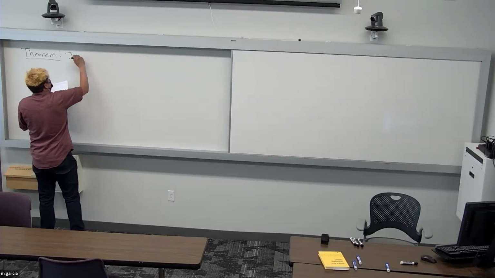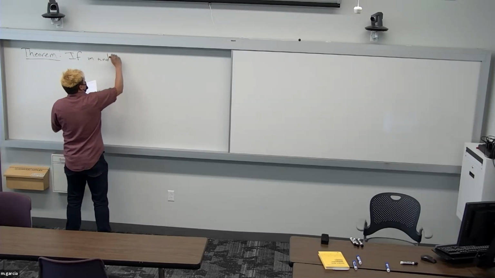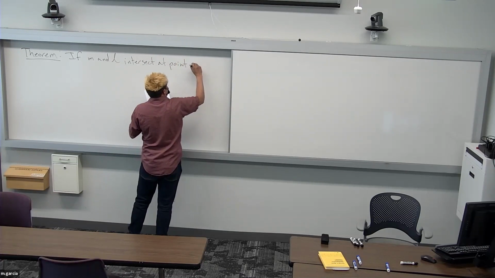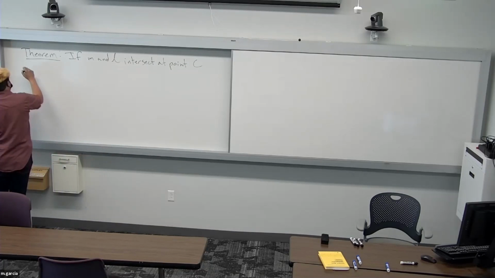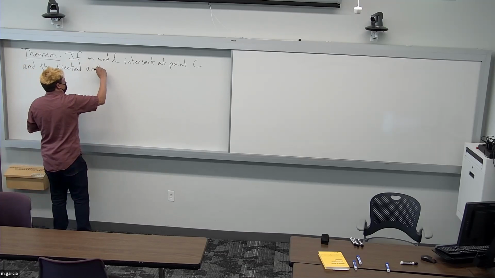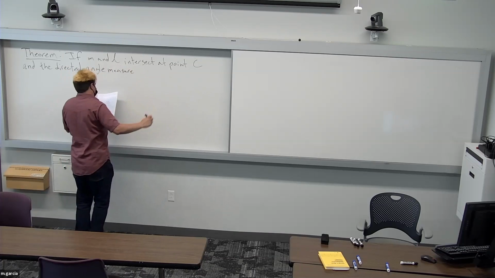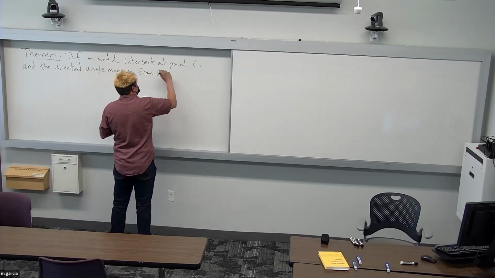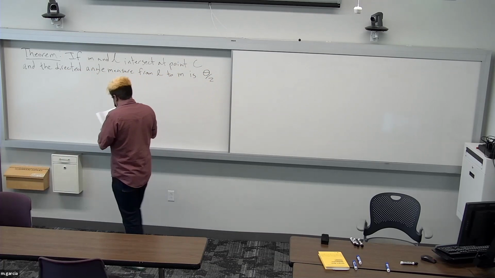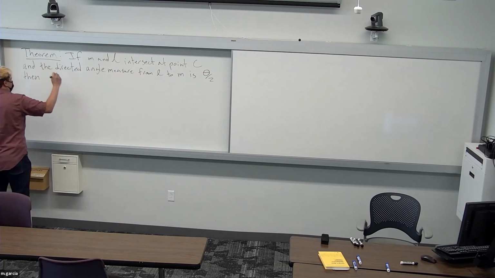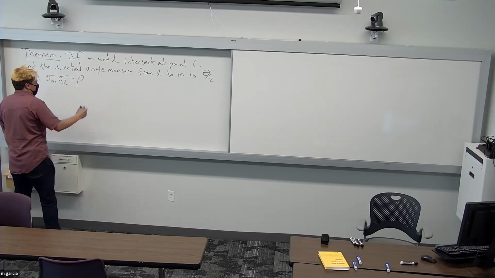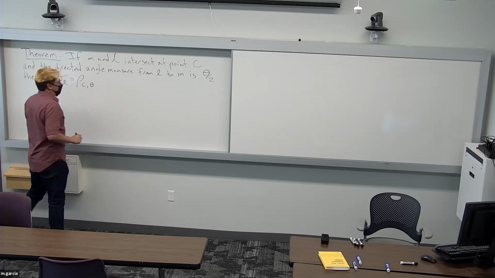So we say if M and L intersect at point C, and the directed angle measure from L to M is theta over 2, then the product of the reflection in M and the reflection in L is just the rotation centered at C through angle measure theta.